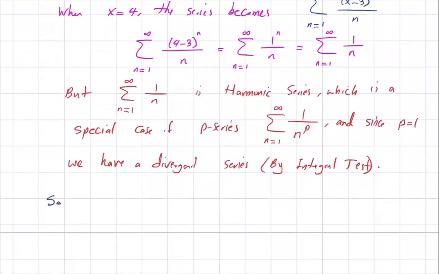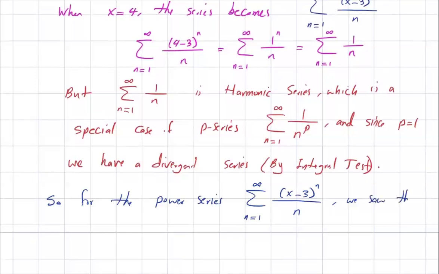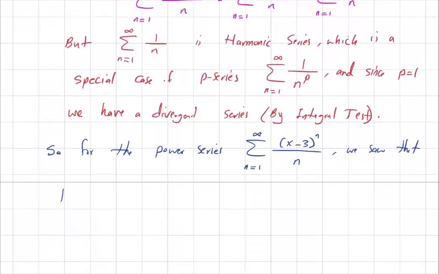So for the power series, the summation of x minus 3 to power n divided by n, started from 1, goes to infinity, we saw that the ratio test gives us x bounded between 2 and 4.